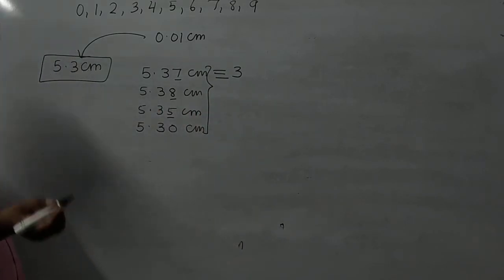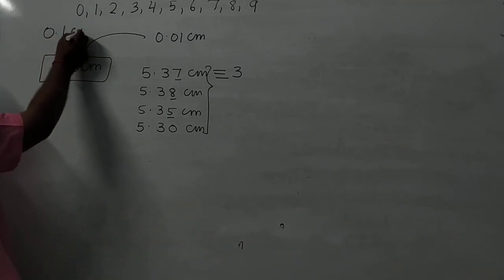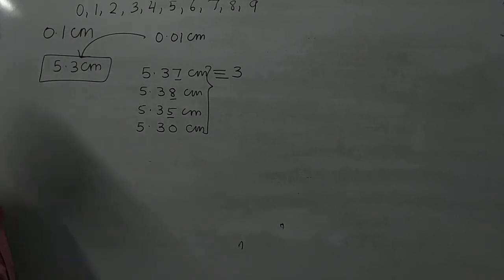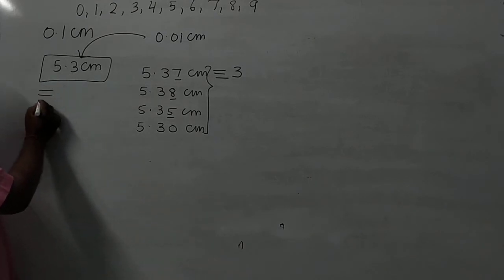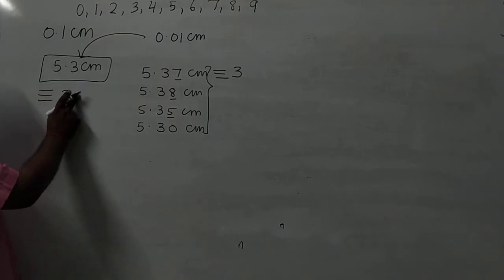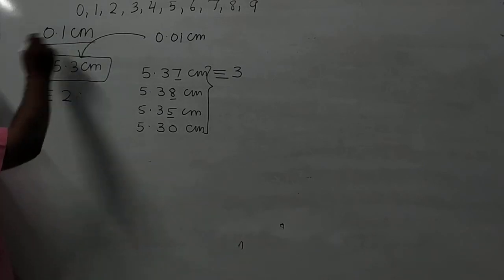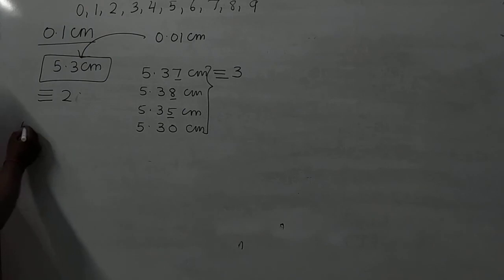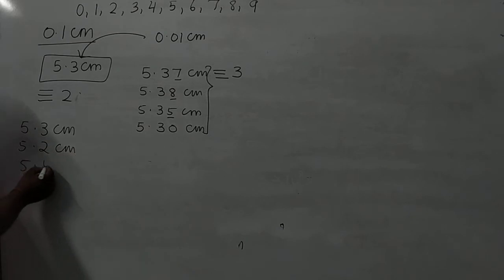Suppose you are measuring the same length with the help of a meter scale. What is the limit of resolution of a meter scale? 0.1 centimeter. From the meter scale you will get this value. It's clear? So here there are how many significant figures? 2 significant figures. When you measure with the help of a meter scale, it can come out 5.3 centimeter, 5.2 centimeter or 5.4 centimeter.